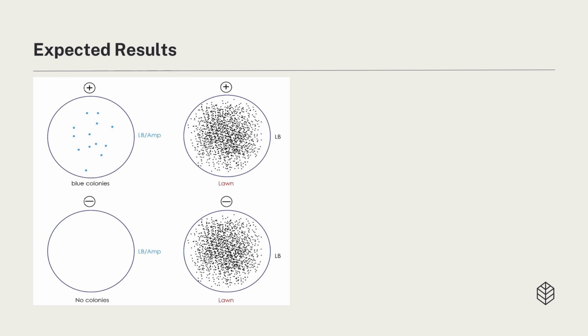These are the expected results. We should see blue colonies for the plus LB-AMP group, lawns for both LB groups, while there should be no colonies for the minus LB-AMP group.